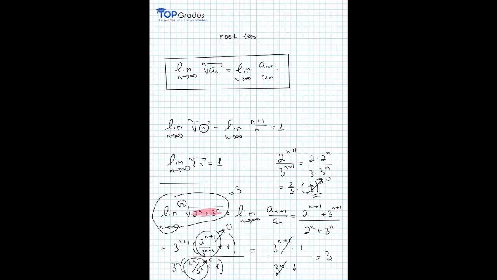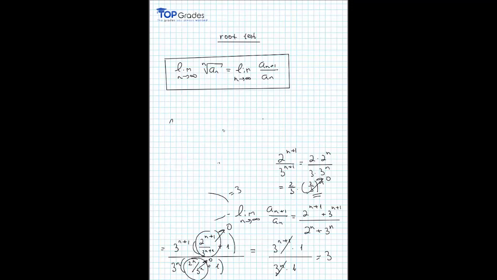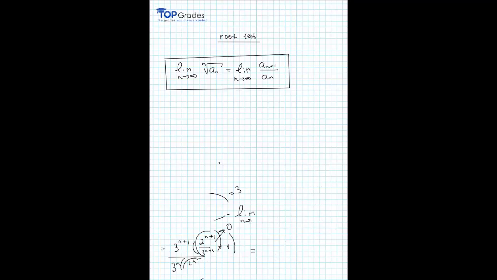Let's look at another example. The limit as n goes to infinity of the nth root of (n factorial) to the power of n squared divided by 2n factorial. I don't remember if we did this before.